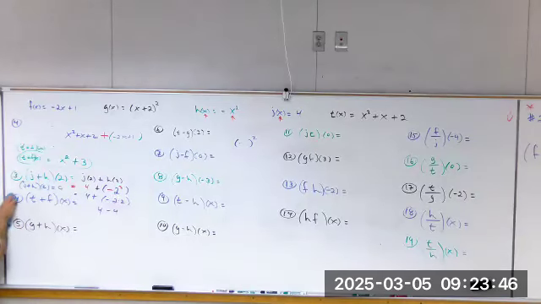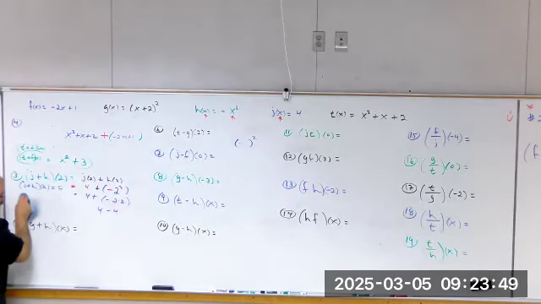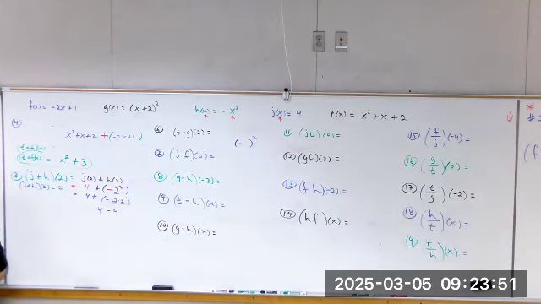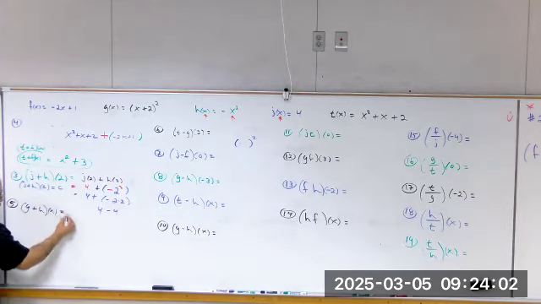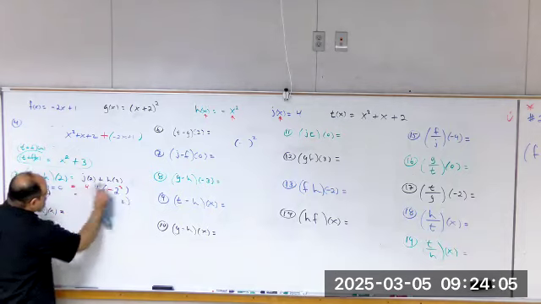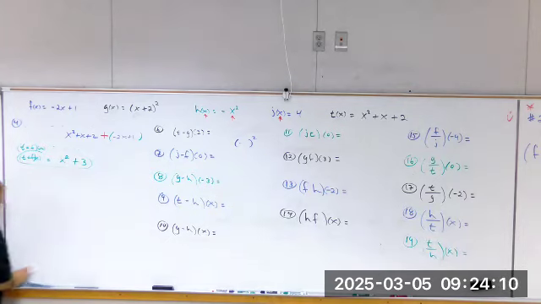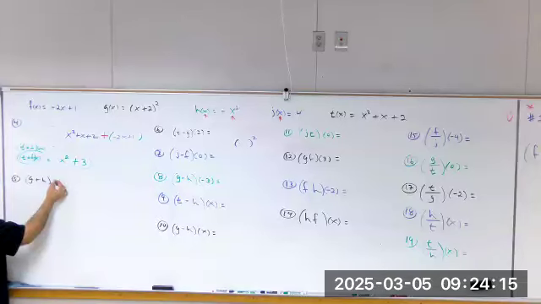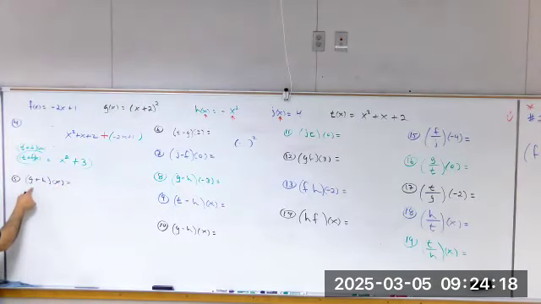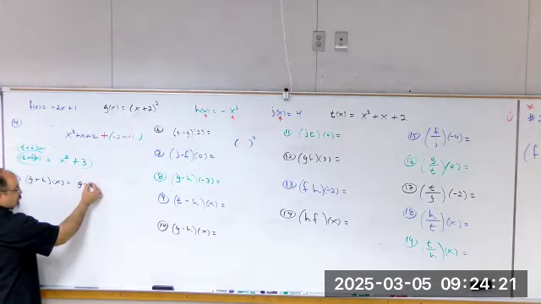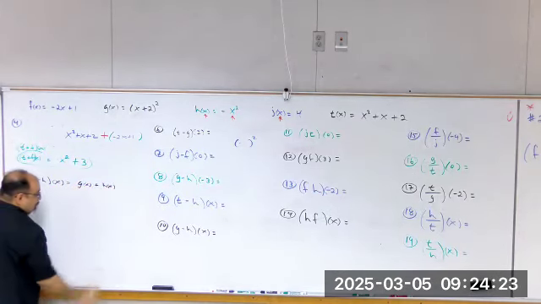g plus h of x. So the rewrite is g of x plus h of x.